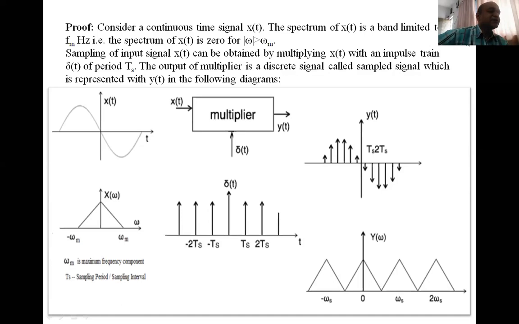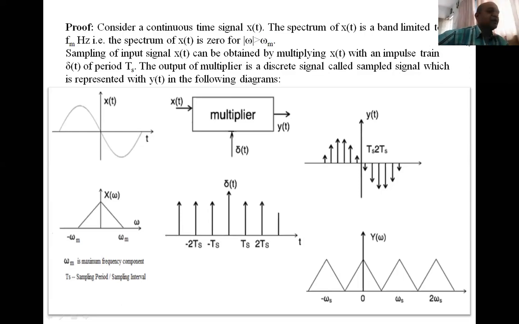The first is omega m, the maximum frequency component of x of t, and the other is omega s, the sampling frequency, or angular frequency of the periodic impulse train.